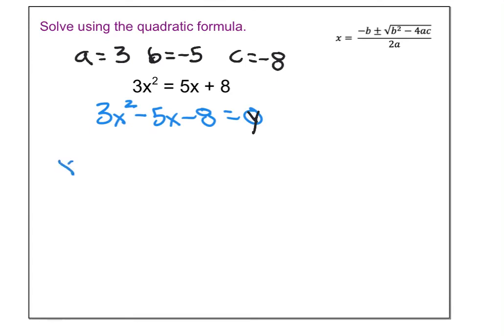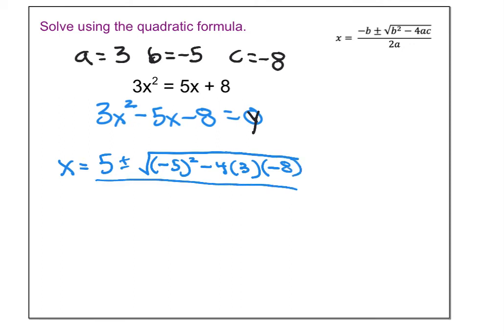All right, now we just plug in and go. x equals the opposite of b, so it's 5, plus or minus the square root of b squared, so that's negative 5 squared, minus 4 times a times c, so minus 4 times 3 times negative 8, all over 2 times a, so all over 2 times 3.